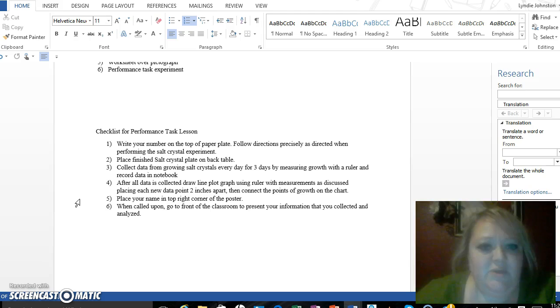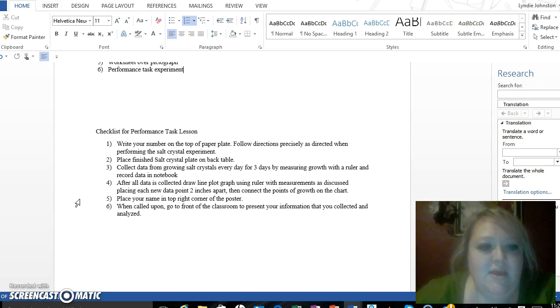And there's step-by-step procedures. Then when they're done creating the salt experiment, they're going to place the salt crystal plate on the back table where it can get warmth. And they will then every day for 3 days, collect data by measuring with a ruler and record the data in the notebook.